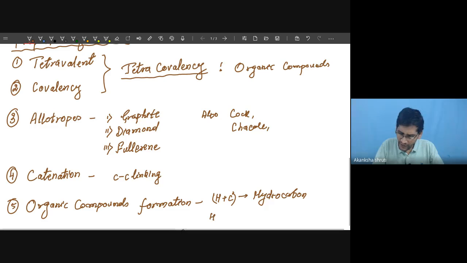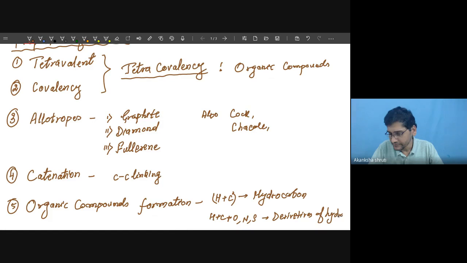Now, in addition to hydrogen and carbon, if there is oxygen or nitrogen or any other atom, say sulfur, meaning one or more other atoms are present in the compound, it is called a derivative of hydrocarbon. So these two things we have to learn.